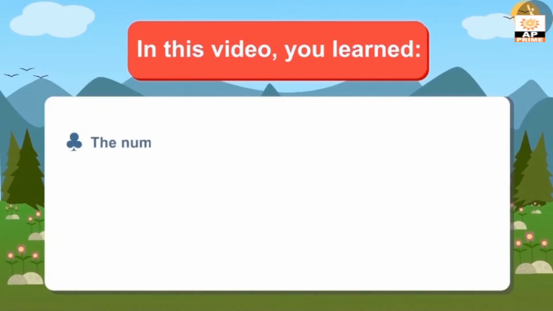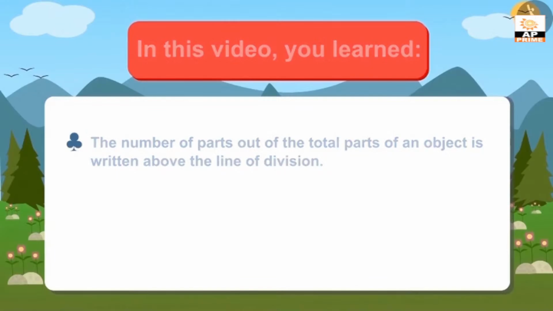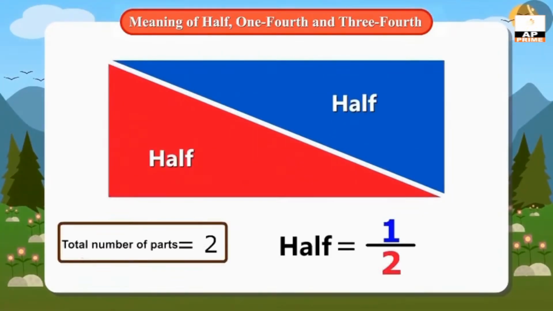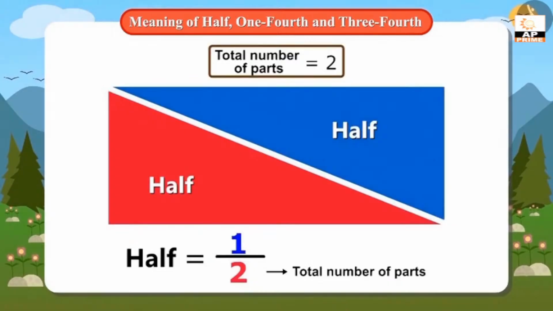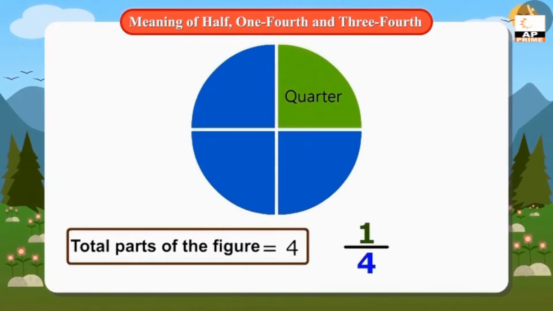And the number of parts out of the total is written above the line. For example, to show half of an object, 1/2 is written, which means 1 part out of 2. And 1/4 is written for a quarter, which means 1 part of 4.